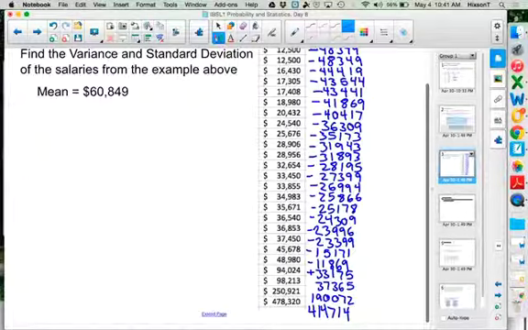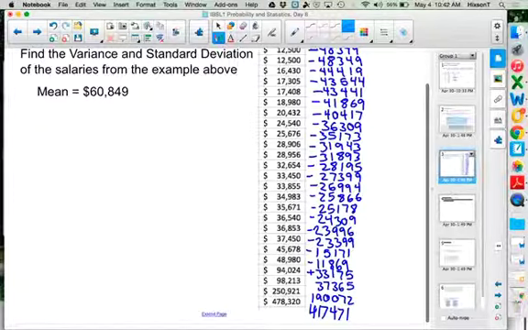By the way, you can actually see here why the mean is not a really good representation of the data. Look how many of these are below the mean, and then you only have 4 of them that are above the mean.